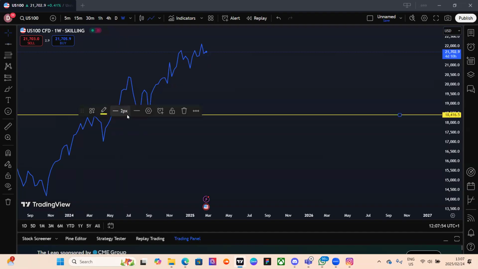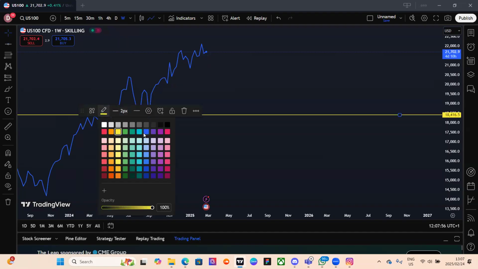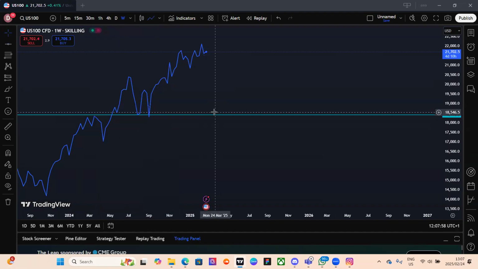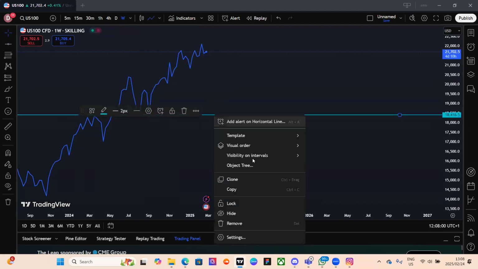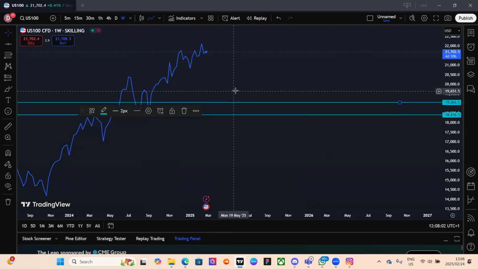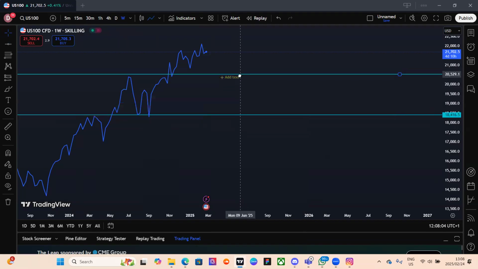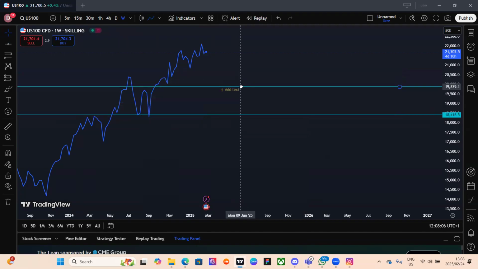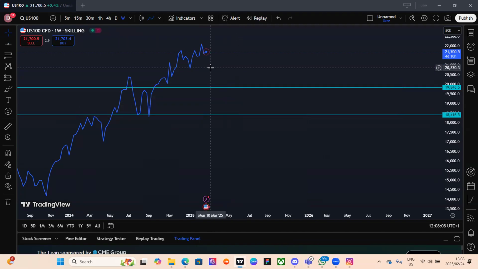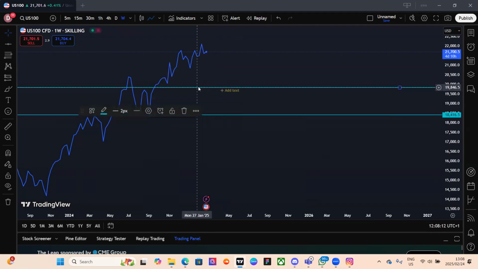Last week was a really good week. We had really decent setups in terms of seeing a changing character with NASDAQ.